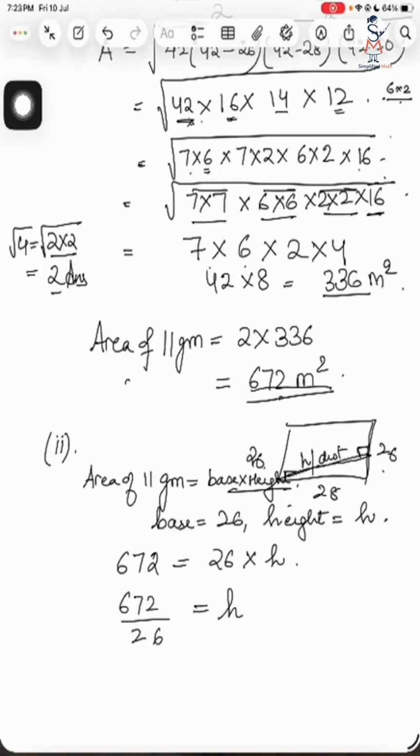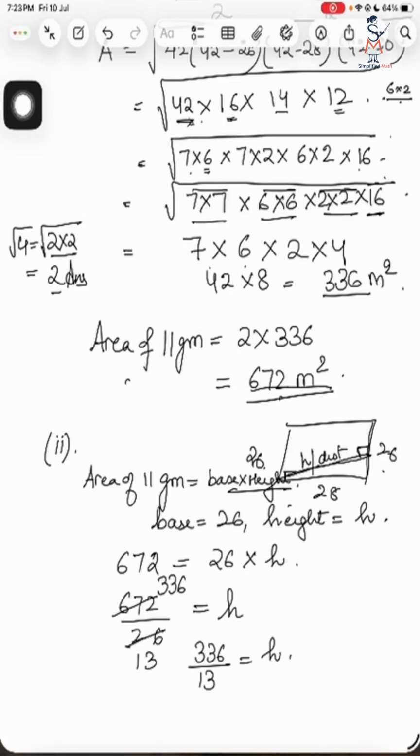Now cancel 672 and 26. With 2 I am dividing, so this will become 13 and this will become 336. So 336 divided by 13 is equal to h.